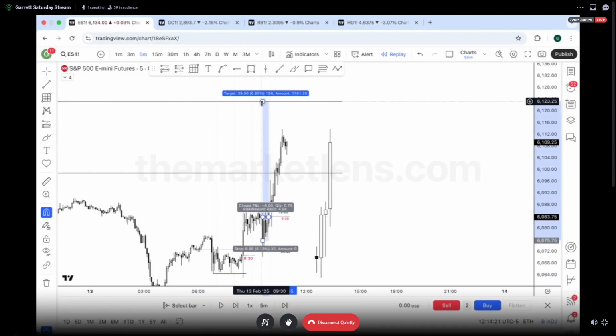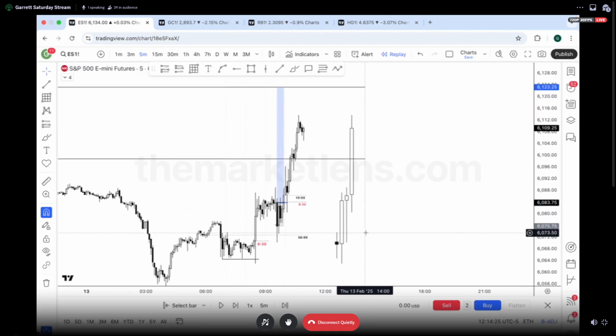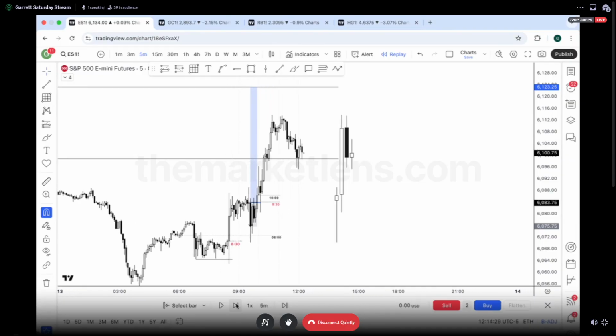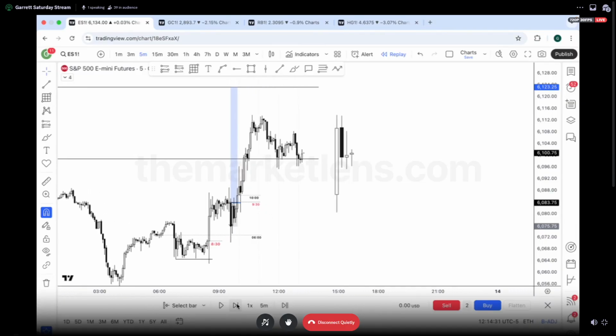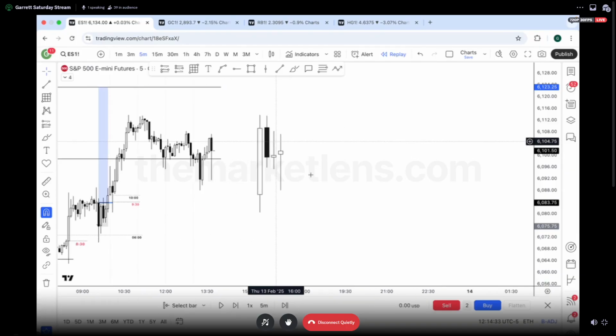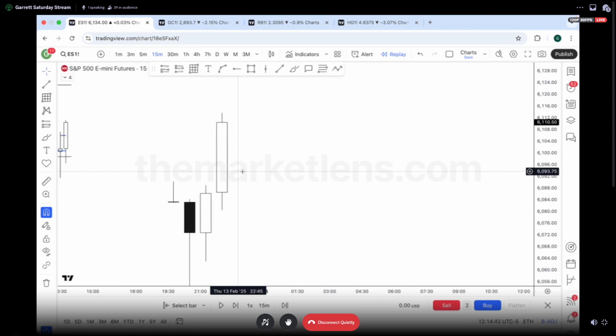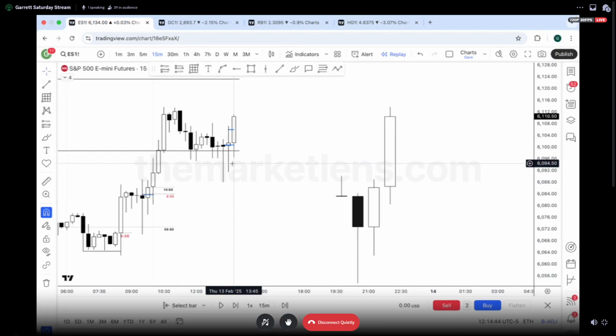So I took a partial at around 2R, something like that. And then I'm just letting the rest run. You're gonna see it comes back pretty close. And then Trump starts yapping. Let me get this. I believe there was some sort of fractal model here, if I'm not mistaken.